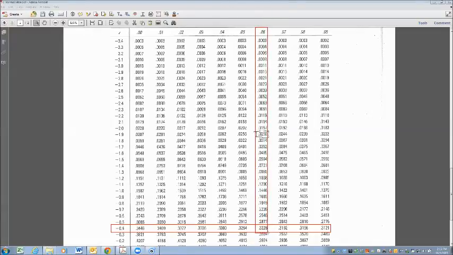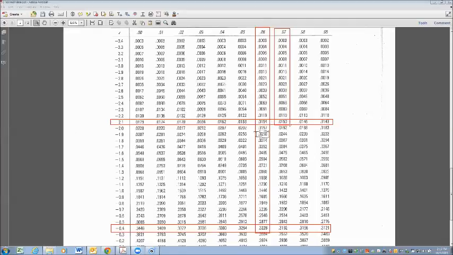So I go to minus 0.46, which is 0.3228, minus what happens when I put in negative 2.17. So we're going to go to minus 2.17, and that's 0.015.